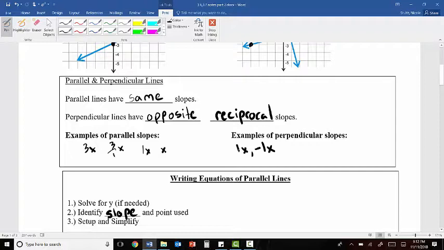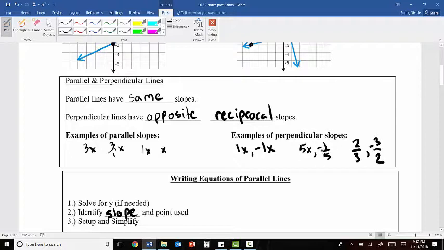So 1 is flipped from 1, so they're opposite signs, they're perpendicular. You could have 5 and -1/5. You could also have something like 2/3 and -3/2. So very strict rules with perpendiculars.